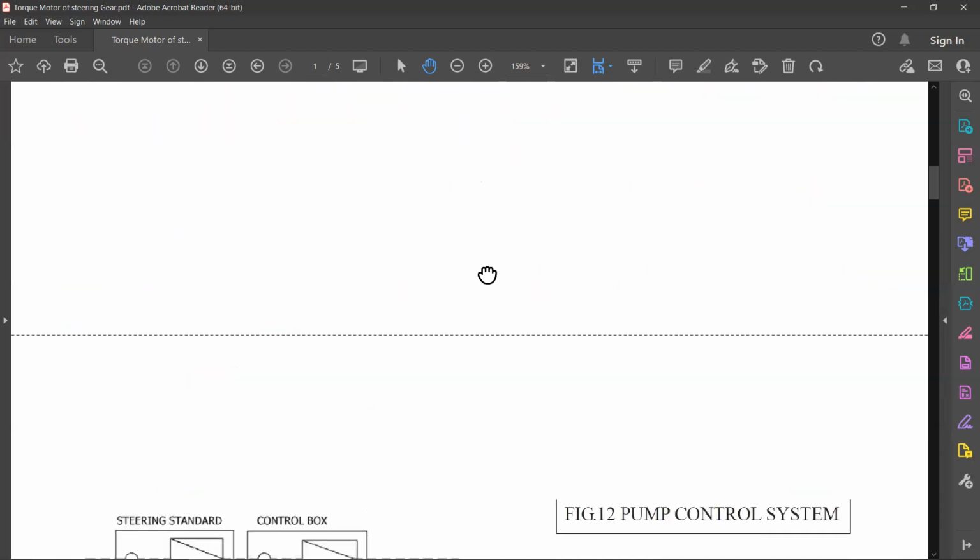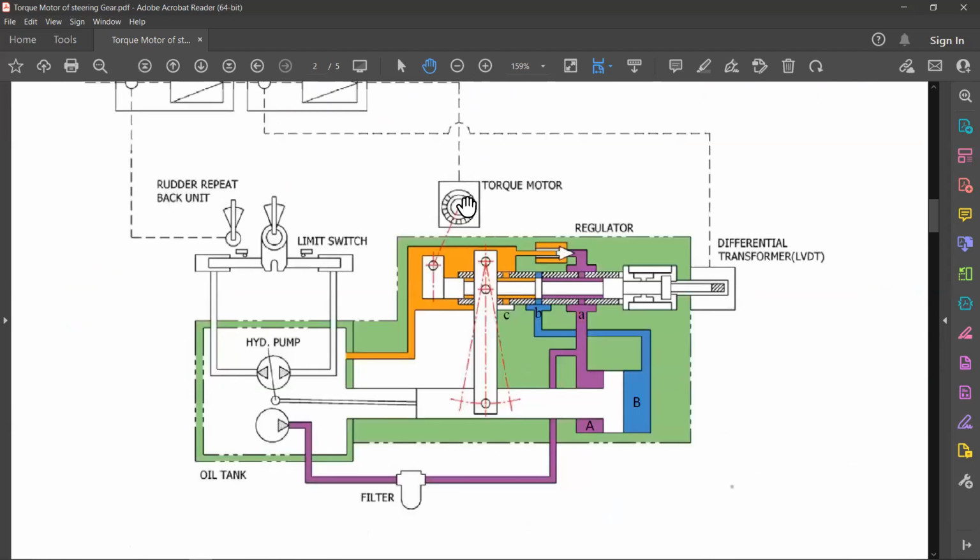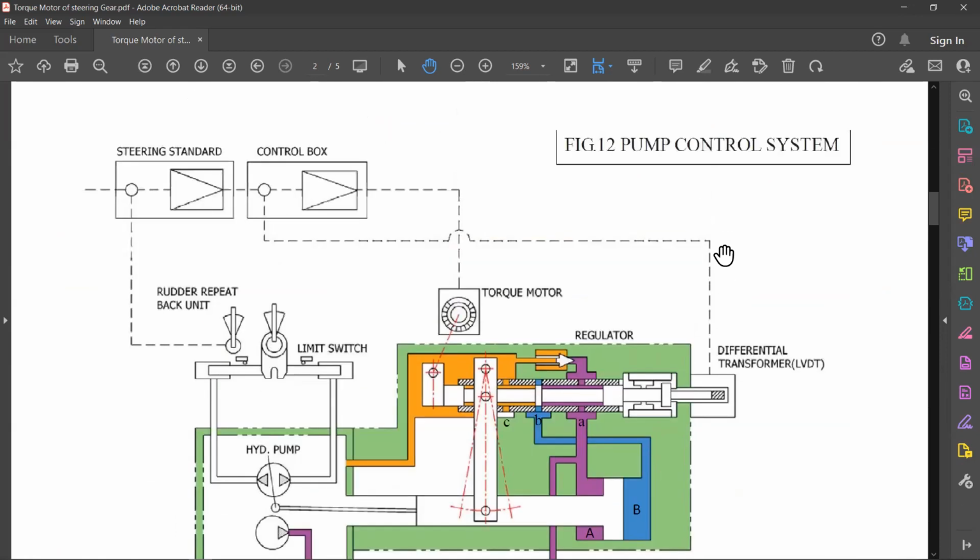That means whatever signal is being given will keep on tilting the torque motor until the differential transformer says that the control angle is received. That means either 35 degrees port or 35 degrees starboard, whatever is being received by the differential transformer. Until that time, the entire thing will keep on operating, until that signal is achieved.